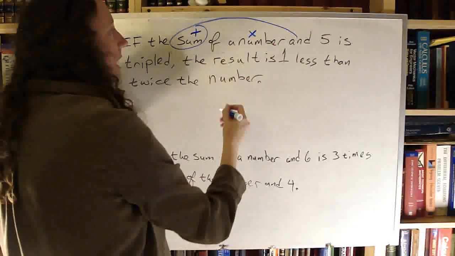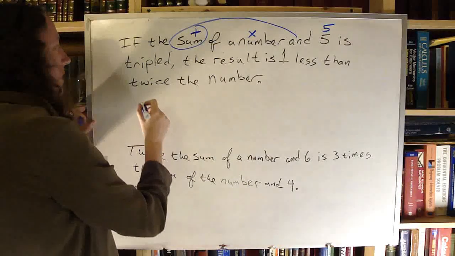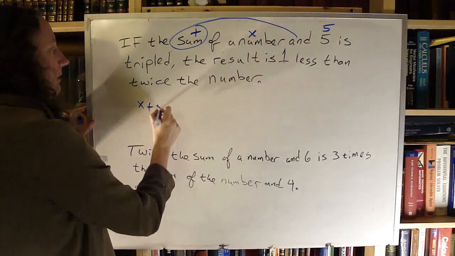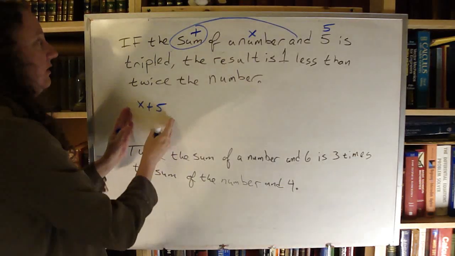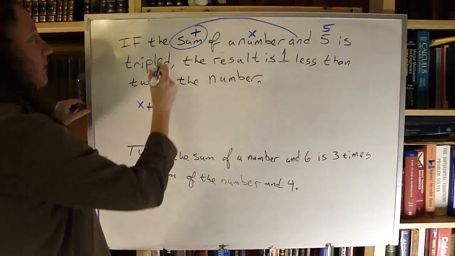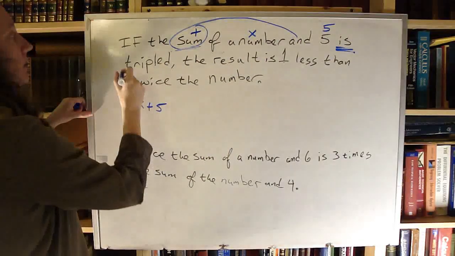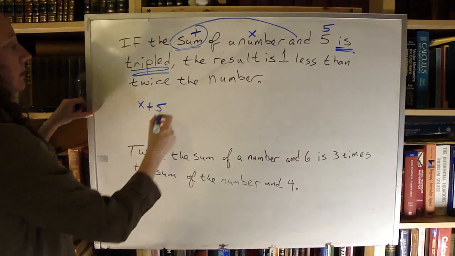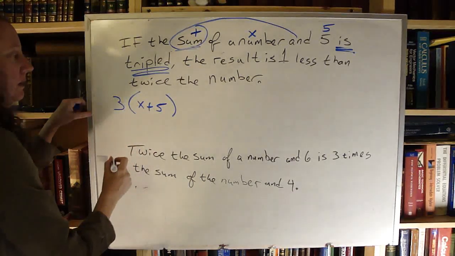A number, x, 5. So far I have x plus 5. And then that sum is tripled. So I need to take that sum and multiply it by 3.